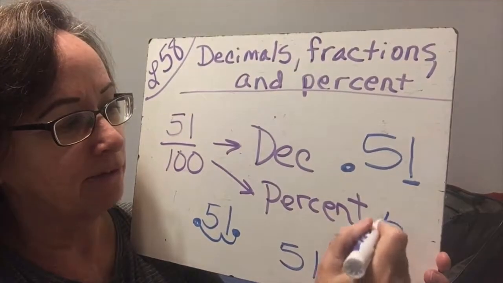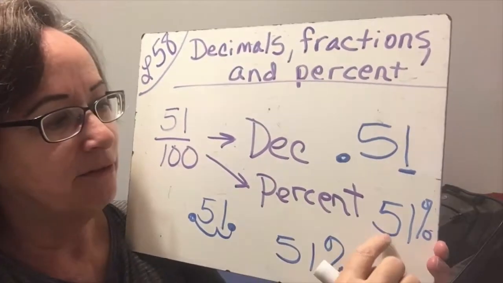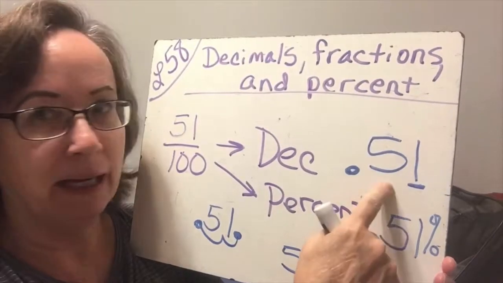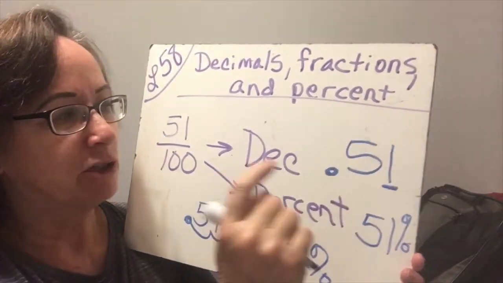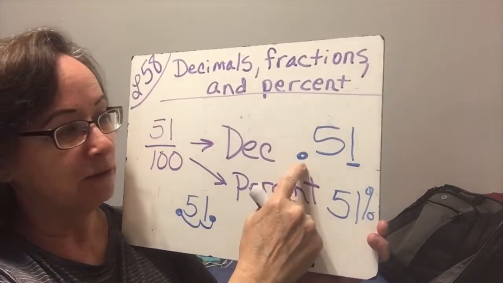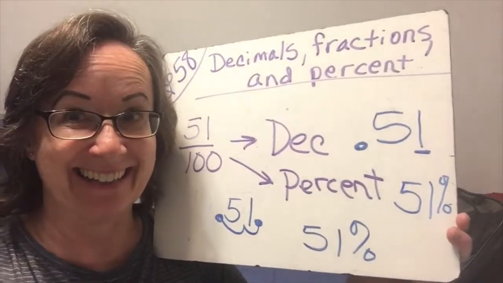So basically 51% means 51 hundredths. Okay, so to change from a decimal to a percent, we move the decimal 2 places to the right and tack on the percent sign, and we're done.